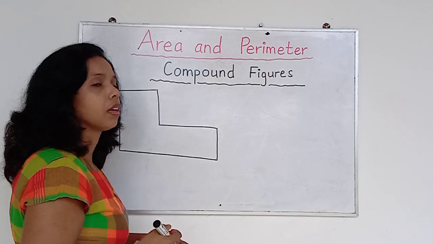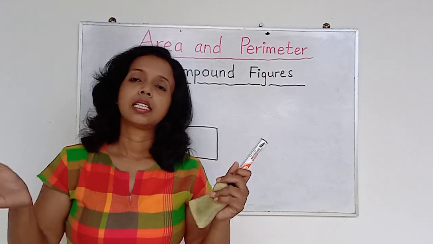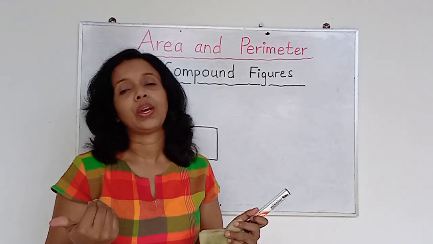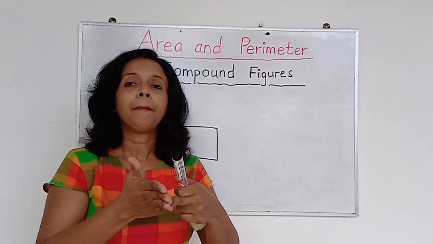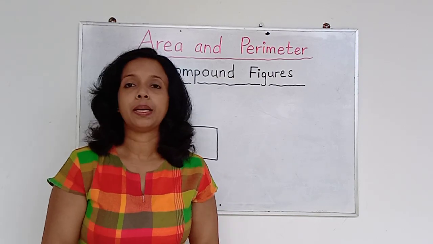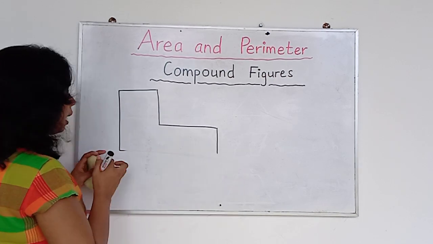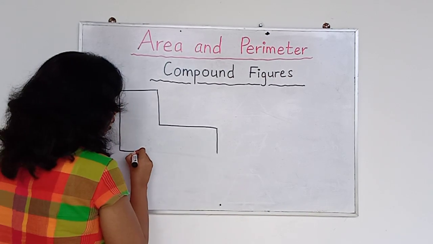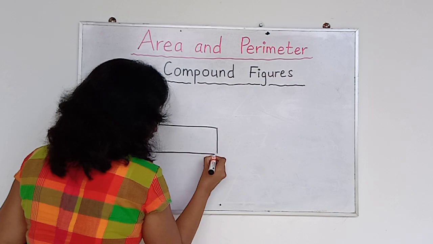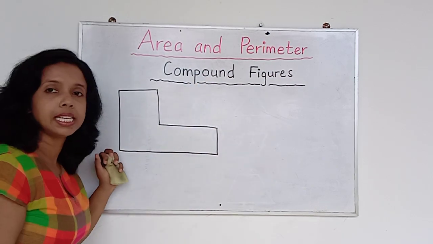Children, we learned rectangles, squares, triangles, parallelograms and trapezium. In this figure, can you see a specific shape?